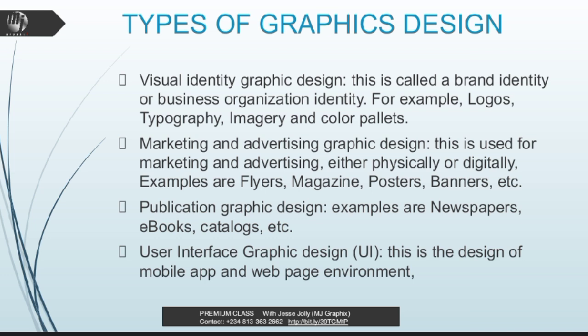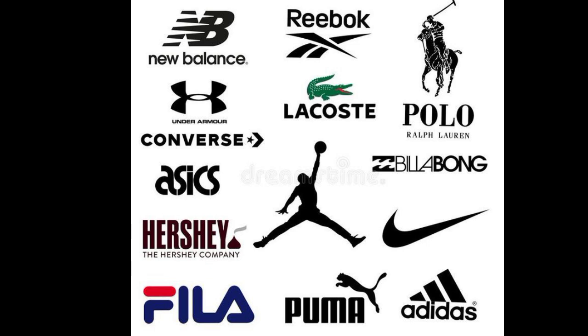Okay, so now we are going to look into the types of graphics design. We have visual identity graphics design. This type of graphics design is called brand identity or business organization identity. Examples of such graphics are logo, typography, imagery, and color palette.